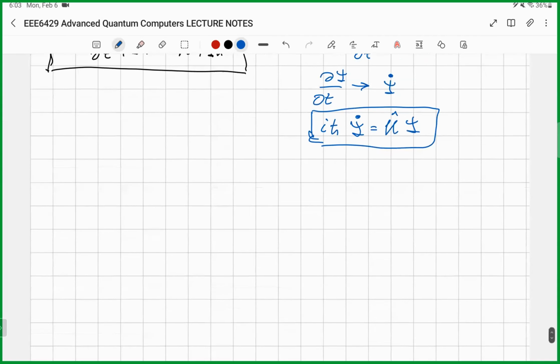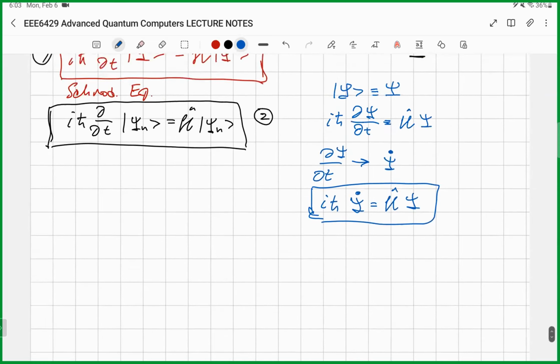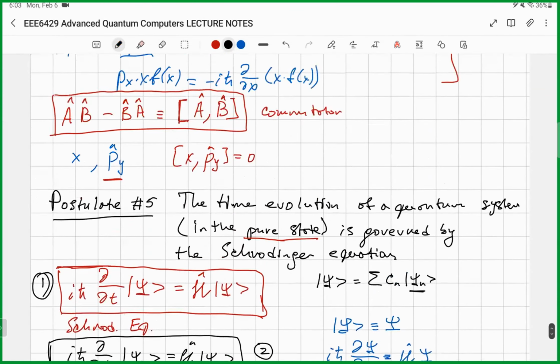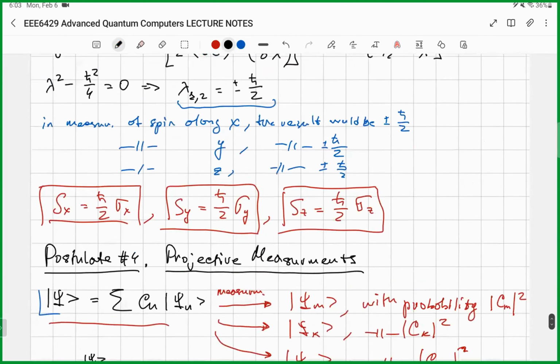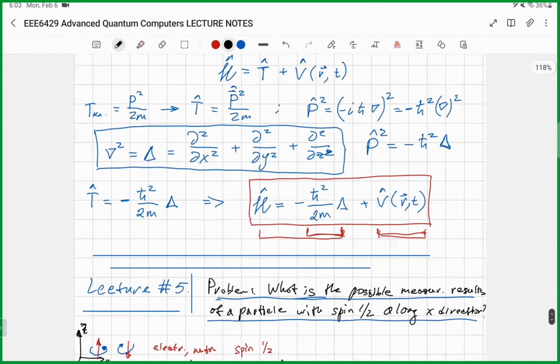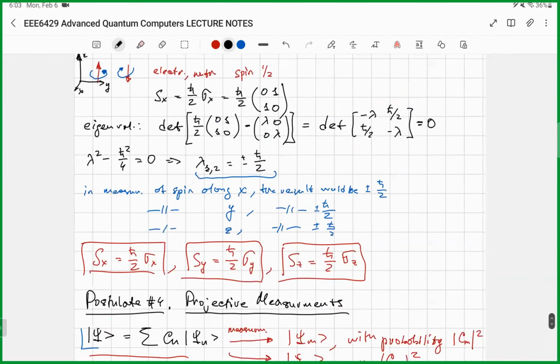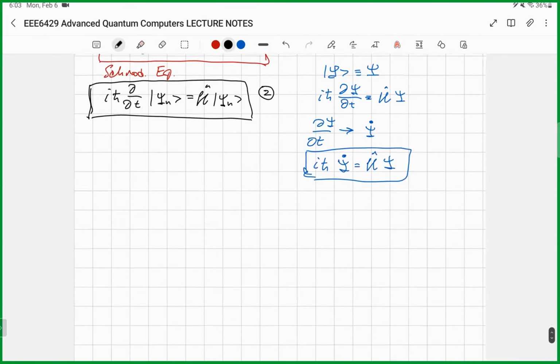And also let's recall the Hamiltonian that we derived in the coordinate representation last time. I'm talking about this one. So the Hamiltonian in coordinate representation is just a sum of kinetic energy plus potential energy operators. And we can use it here.